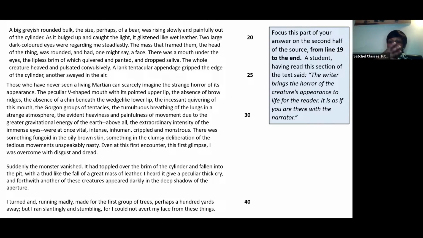Then we go to the face of the creature, the mouth that's slathering with saliva, that's quivering and panting. So although it's animalistic, panting and quivering, it's more like a dog than really any kind of other predator. And then it talks about how the creature is heaving and pulsating. And again, it's horrific. But again, it could be that it's breathing heavily because it's not used to Earth.